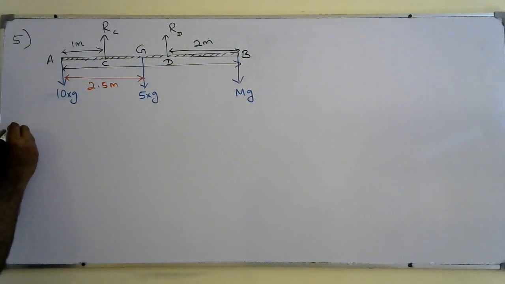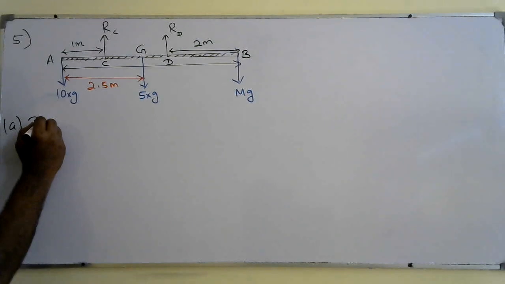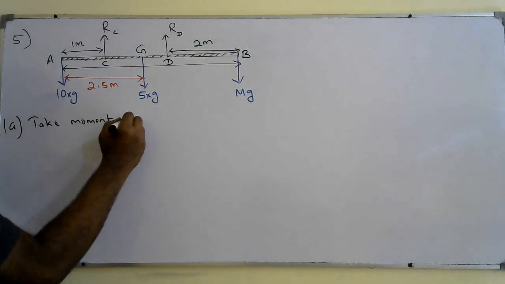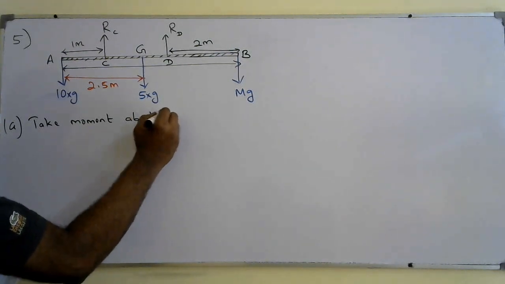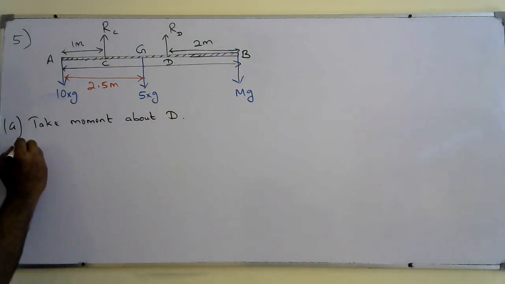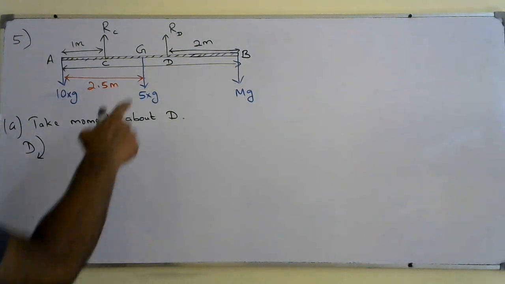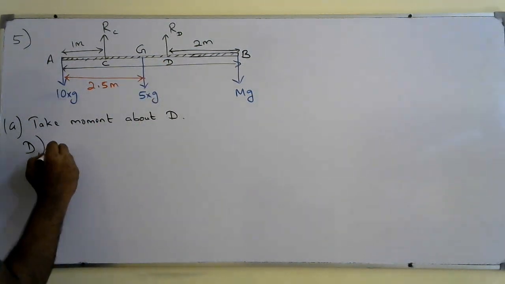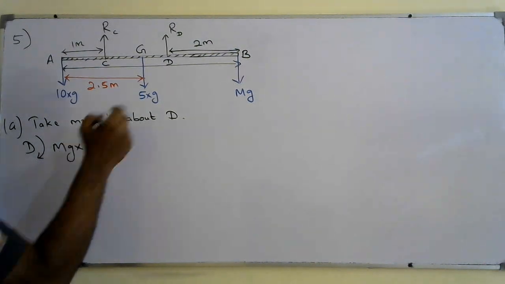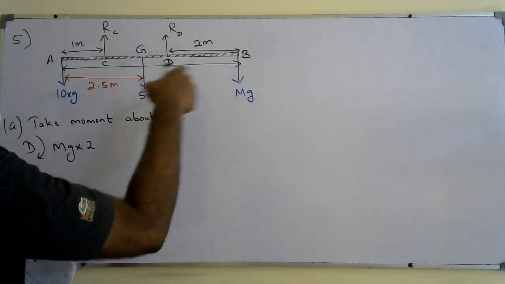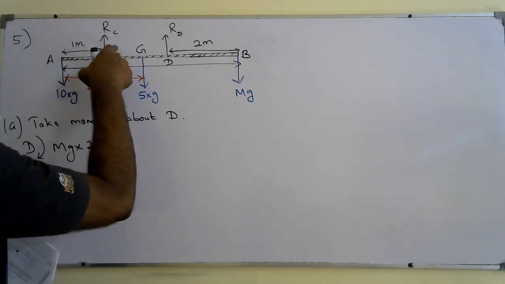So take moment about D. I'll take clockwise moment as positive. So clockwise moment about D: mg into the distance 2, that will provide clockwise.